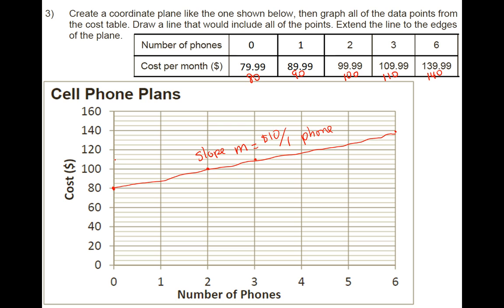So when we add a phone, we go up from 80 to 90. When we add a phone, we go from 90 to 100. This point over here has a special name we're going to talk about in this lesson. That's going to be our y-intercept. It's the point where we cross the y-axis, or what happens at x equals 0.